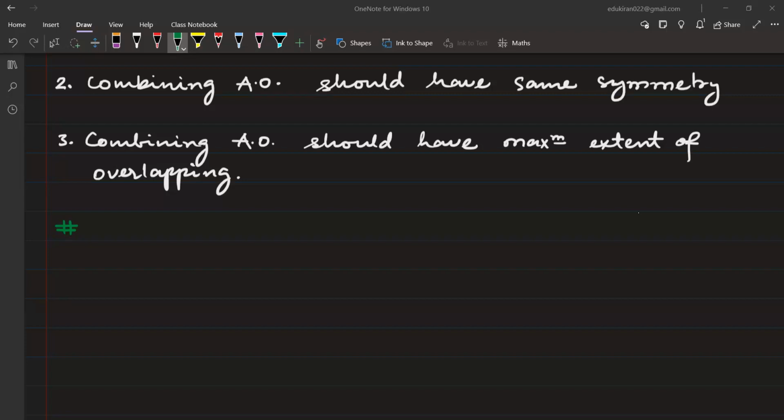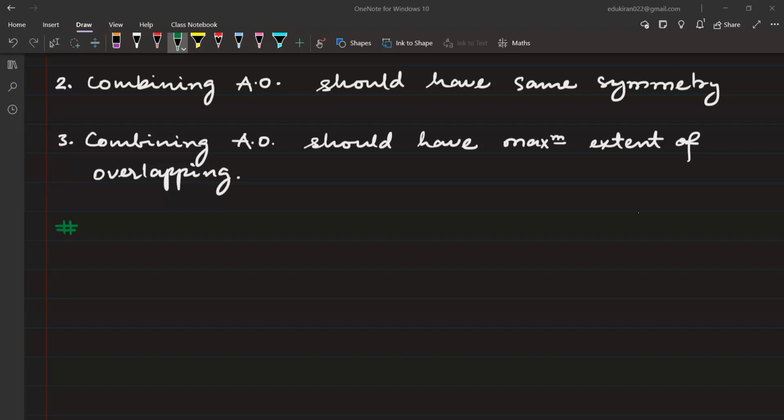Okay, Sarah, keep your mic on. In atoms, electrons are in atomic orbitals. Very good. So in an atom, electrons are where? In atomic orbitals.